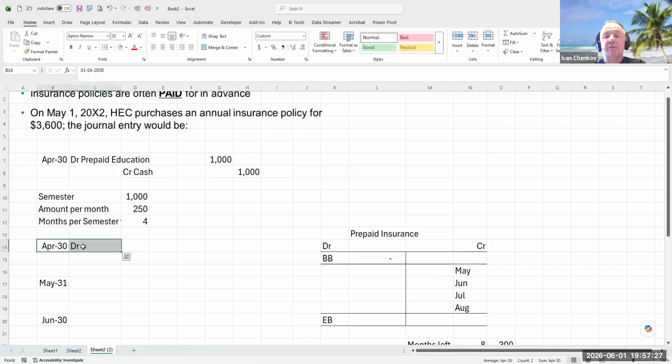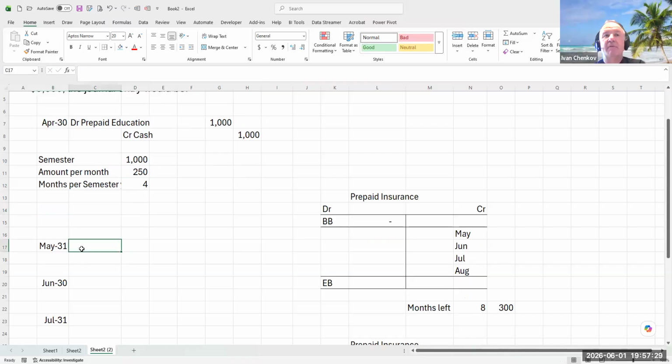Now the first month comes. May 1st comes. What do I have to do? I have to move it from prepaid education into education expense. Let's do it. Debit education expense. How much am I gonna move? 250.